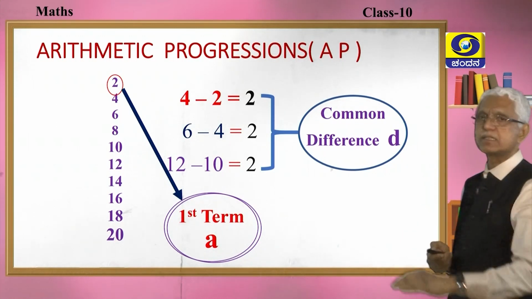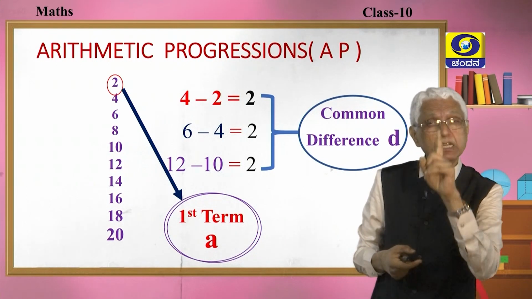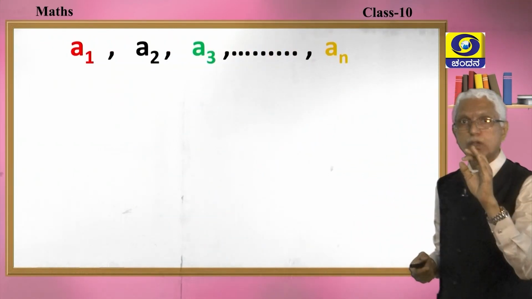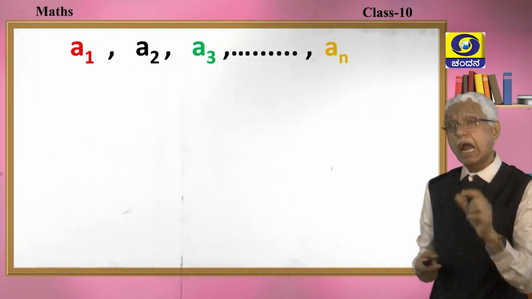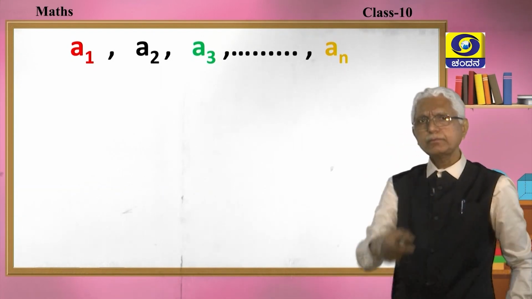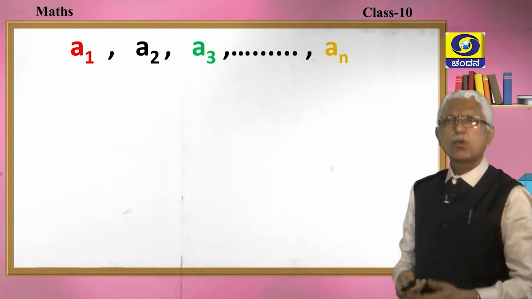And my dear children, now we will introduce one more term. The first term that you write is denoted by the symbol A. So, in any arithmetic progression, the first term is denoted by A and the common difference is denoted by D. Here I have A1, A2, A3 dash dash AN. What are these?